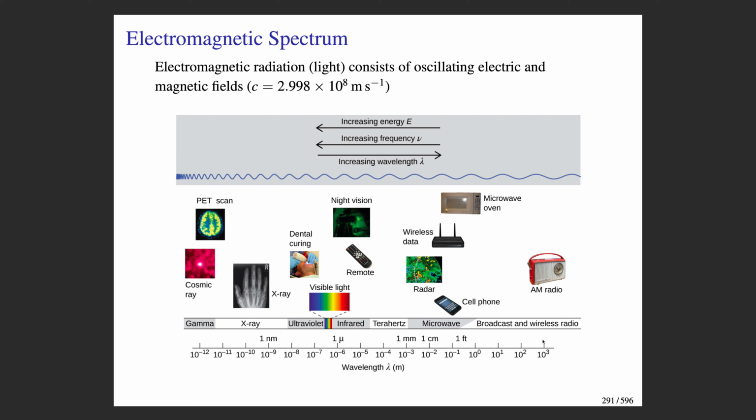For all frequencies and all wavelengths of light, the speed of light in a vacuum is the same. So this is sort of the constant speed limit of the universe, as it's sometimes called. The speed of light is 2.998 times 10 to the 8th meters per second. We will usually round this to 3.00 times 10 to the 8th meters per second.